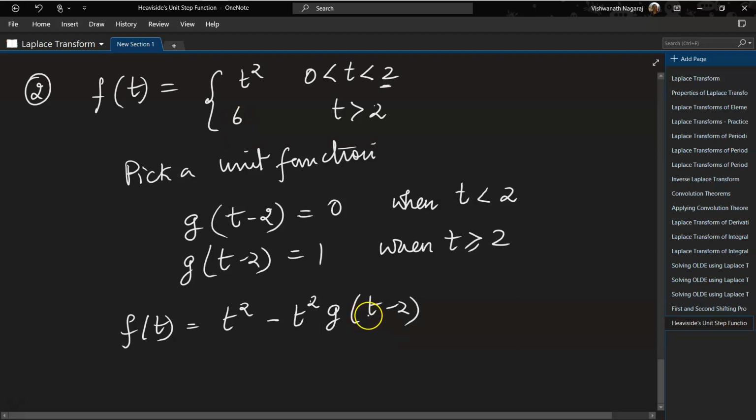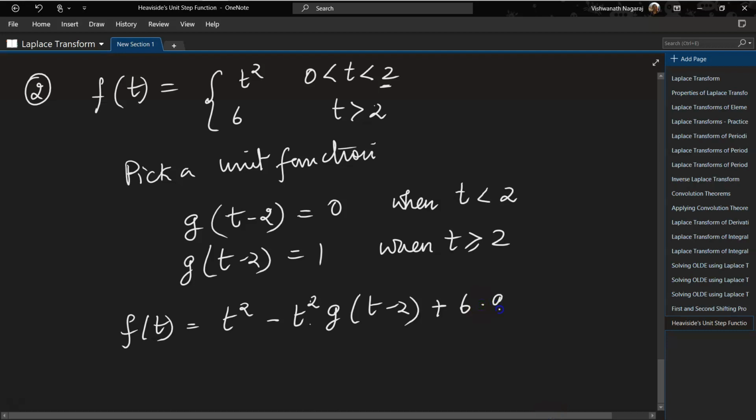When it becomes 1, t² minus t² will disappear and we require 6. But because this 6 is there, the first condition gets spoiled. When t is less than 2, this whole thing becomes 0, so t² minus 0 plus 6. So it becomes t² plus 6. But we want only t².